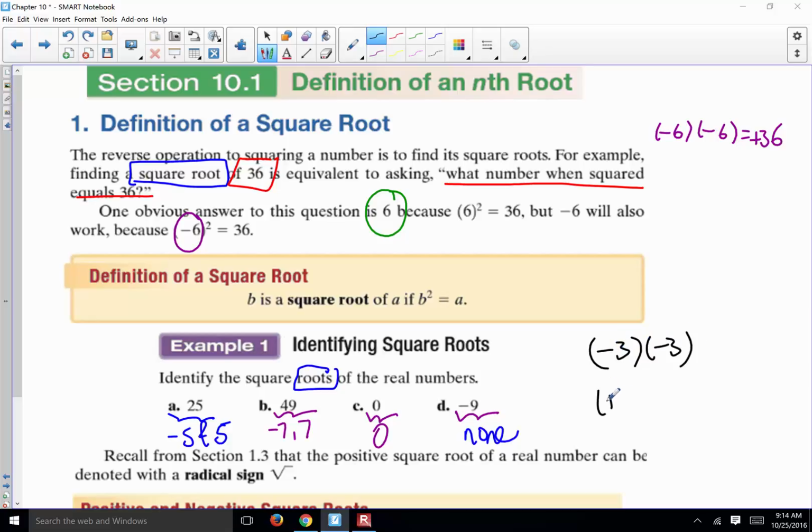No, when I multiply either positive 3 or minus 3 by itself, I get positive 9, and positive 9 all the time. This is saying negative 9. Another lesson we got today is negative numbers do not have square roots. Negative numbers are bad. They don't work with square roots.